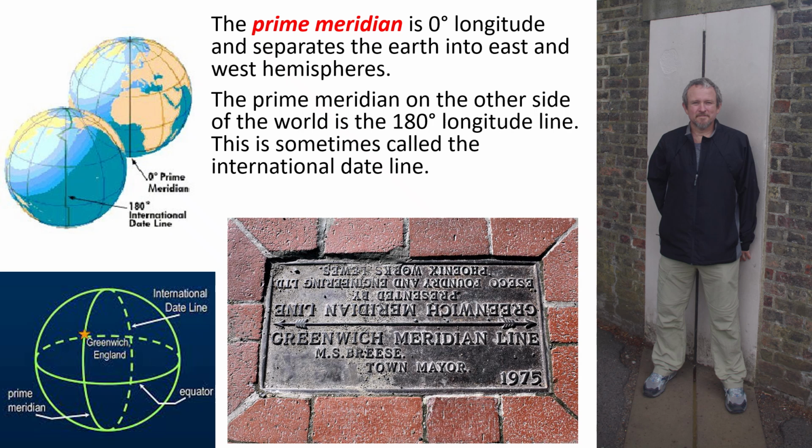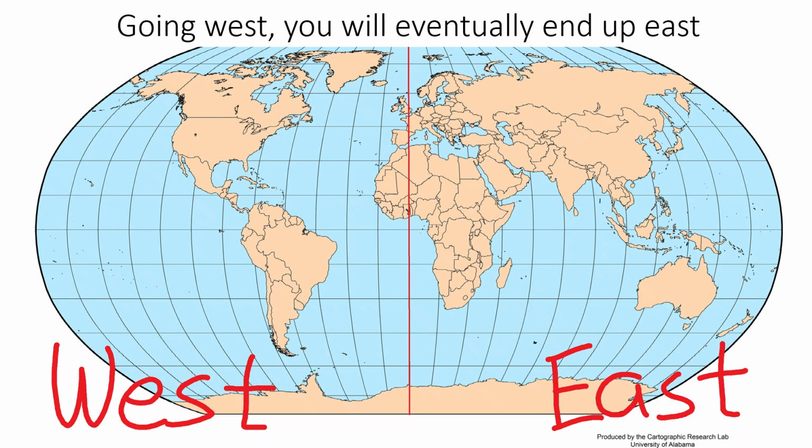But one thing about the east and the west hemispheres, if you go west, you will wind up east. And if we think about something like going this direction, if you go far enough this way, you're going to wind up over here. Well, you'll start off in the eastern hemisphere and you come around to the western hemisphere.